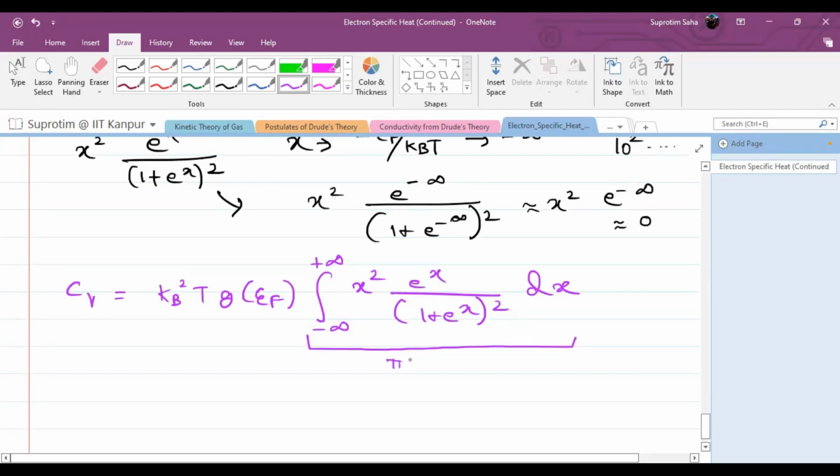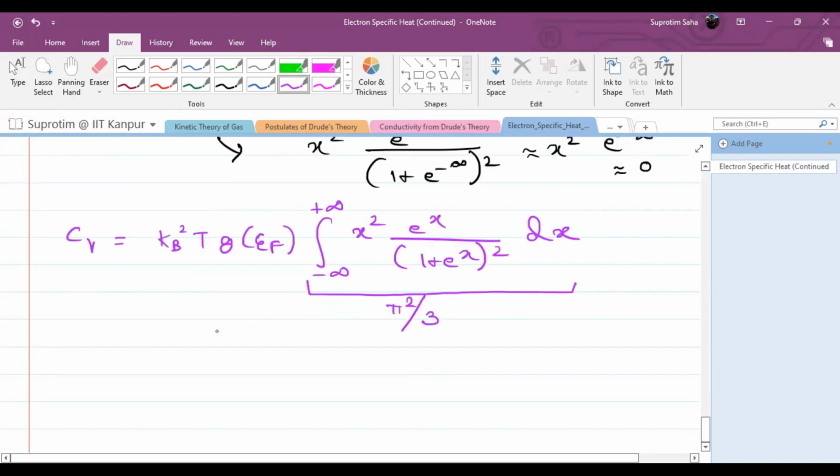This is a known integral in mathematics, and it gives pi squared over 3. So our C_V is pi squared over 3 k_B squared g of E_F times T.